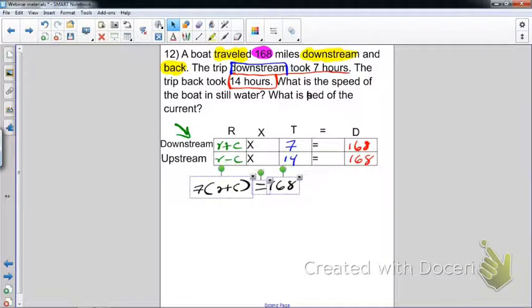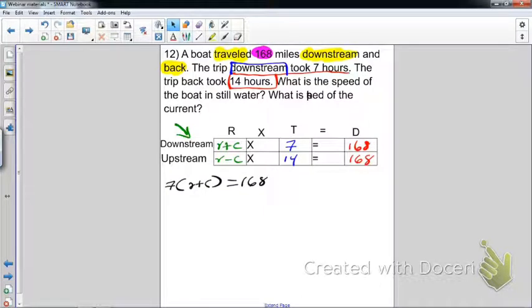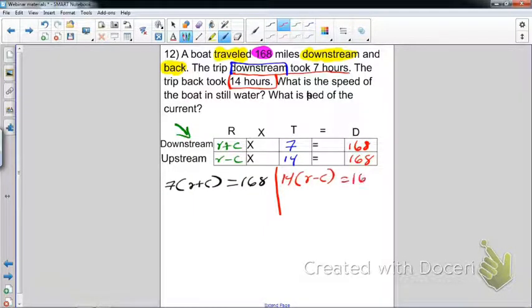Let me move this really quick. And the second equation, I'm going to make myself some room here, just a little bit. The second equation says that we have 14 hours, that's how long it took, and then we have r minus c, that is equal to 168, which is the same distance.